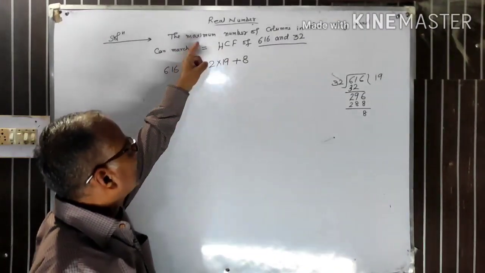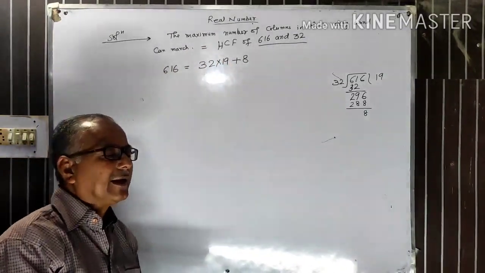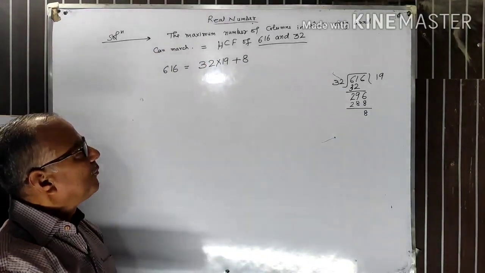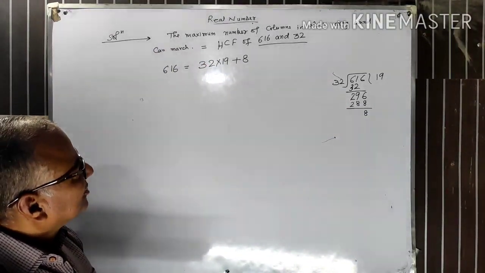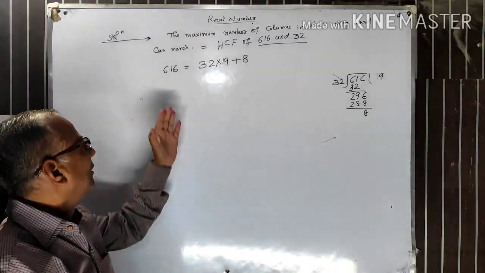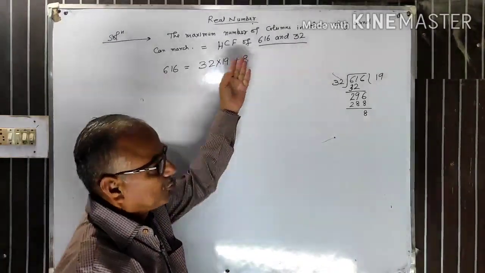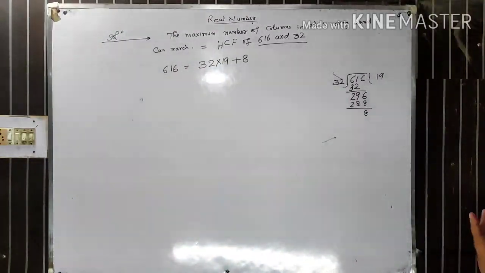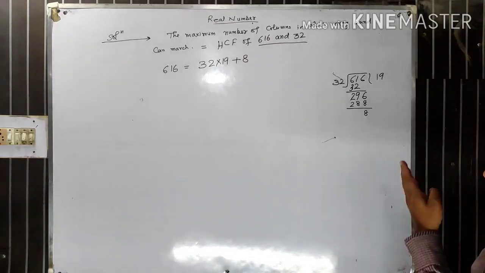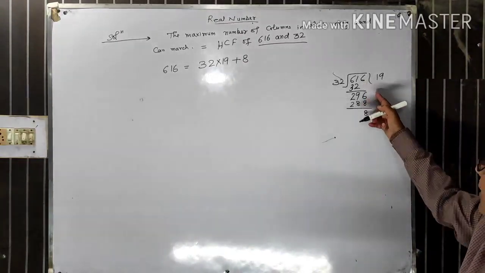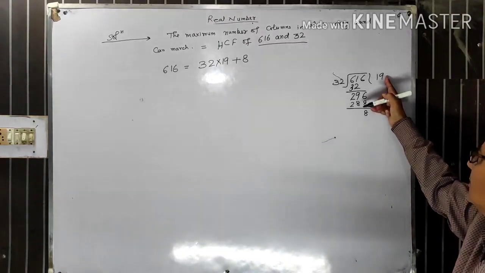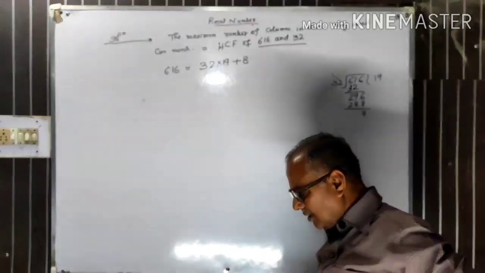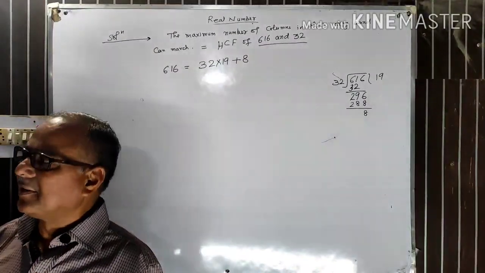यानी कि फिर सुनिए, the maximum number of columns in which an army band can march is HCF of 616 and 32. So we will calculate the HCF by Euclid division lemma. That is very easy. 616 you divide it by 32. We have divided it in the rough work. 19 is the quotient and 8 is the remainder.